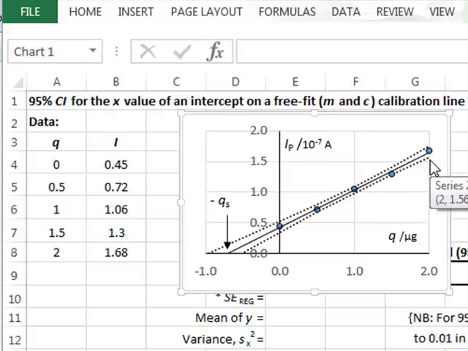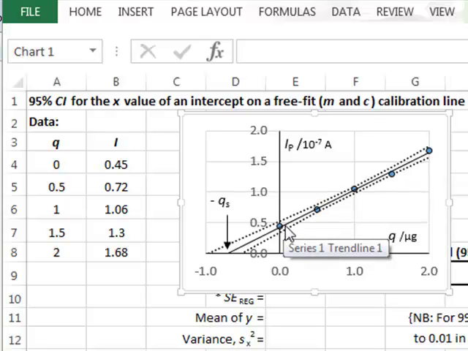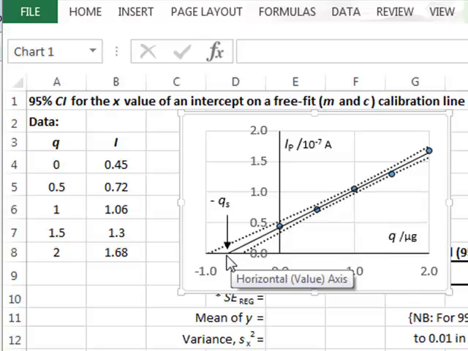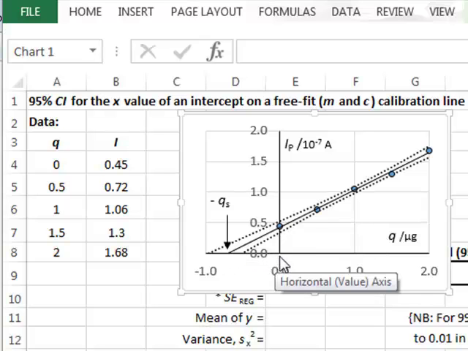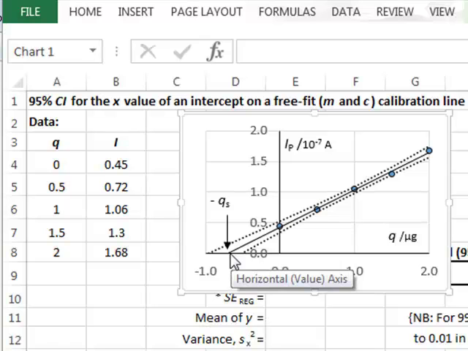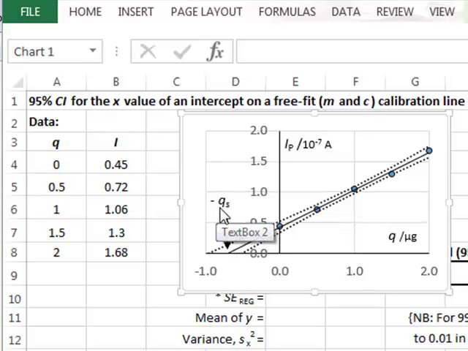Assuming the relationship is linear, if we extrapolate the best fit straight line backwards to the x-axis, the distance that we need to go backwards along the x-axis is then equal to the amount of lead in the original solution, i.e. this intercept point will be at minus Qs on the x-axis.